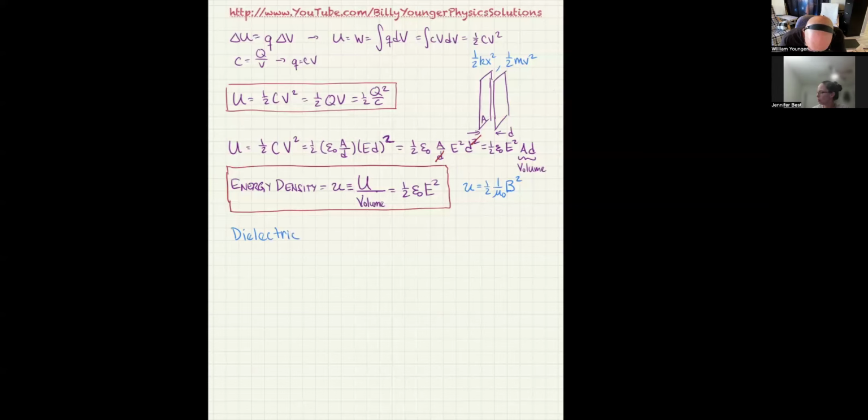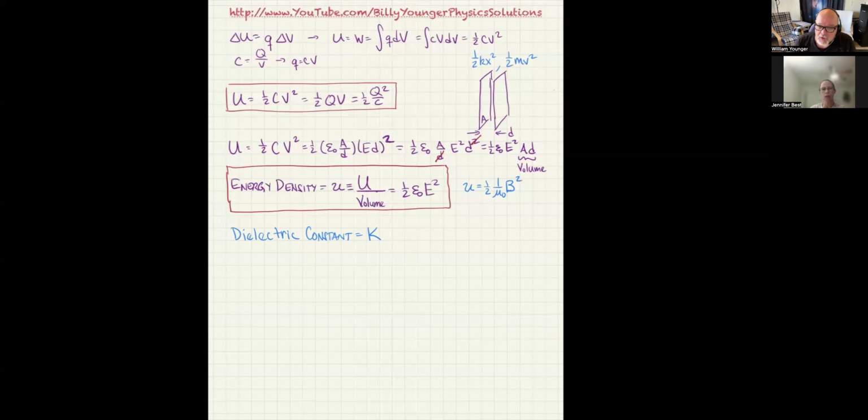There's a constant associated with it called the dielectric constant, and that dielectric constant is given the symbol K. I remember using kappa, so it might have been kappa at one point, or I might have just been thinking that K was a kappa. But anyways, in this book we're definitely using K.